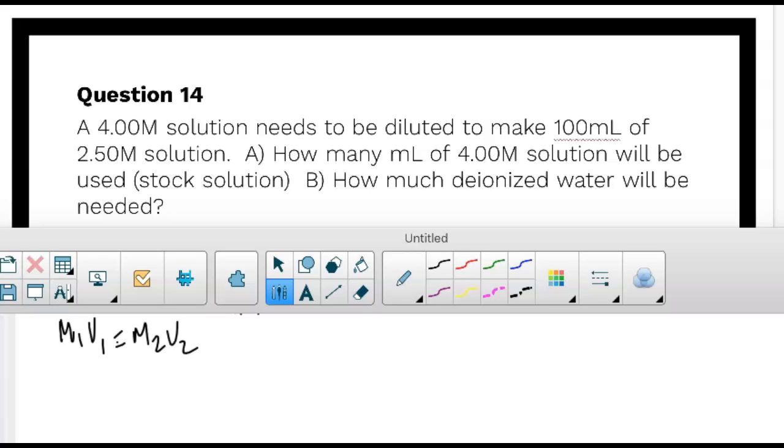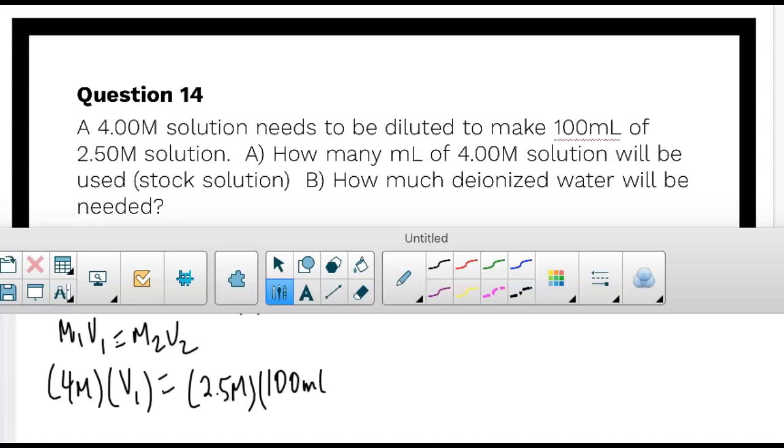M1 is going to represent our stock solution, our concentrated solution. We don't know how much of this we need. We want to dilute it to 2.5, and we want it to have 100 mils at the end. So it says how much will be needed to dilute to make that. So that's what we want to end up with.